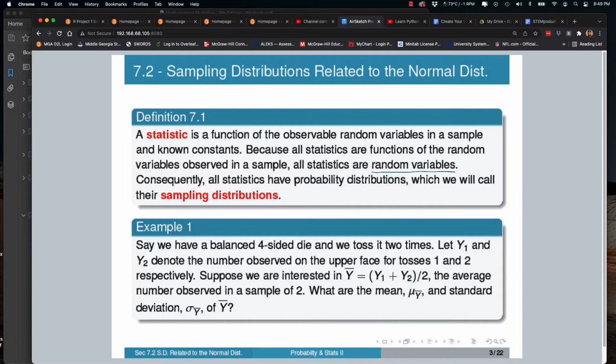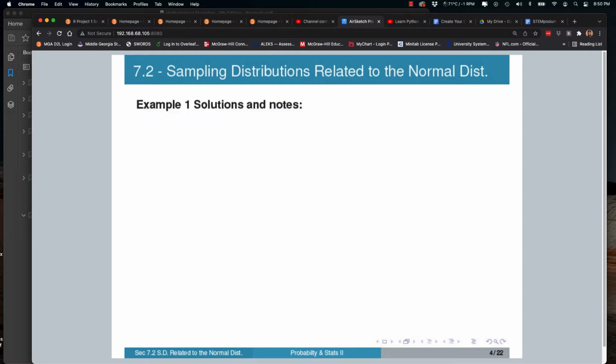And we want to see what happens to the mean of the sample means, which is denoted mu sub y bar, and how it's related to the population mean, and the standard deviation of the sample means, denoted sigma sub y bar, and how it's related back to the population standard deviation. That's an important thing we need to at least get a view of.